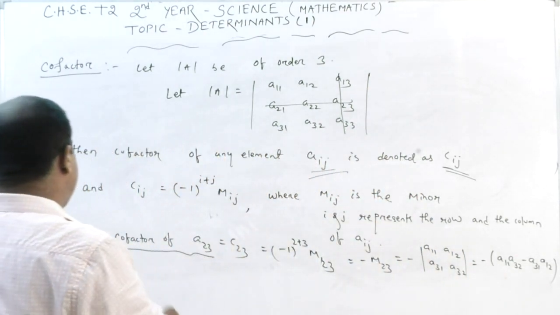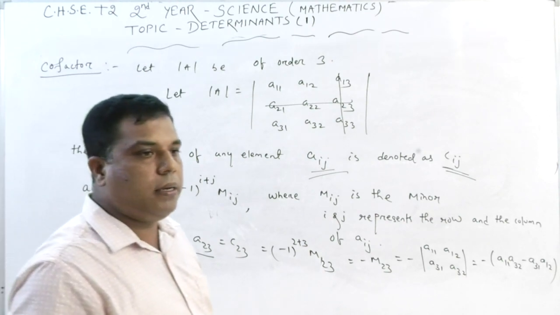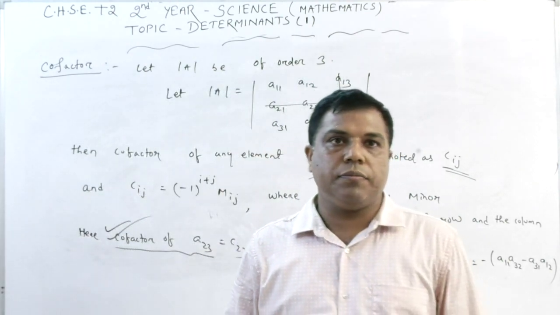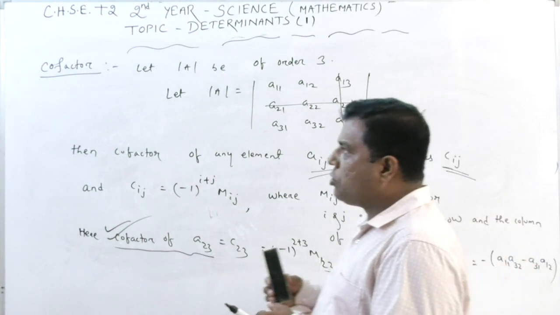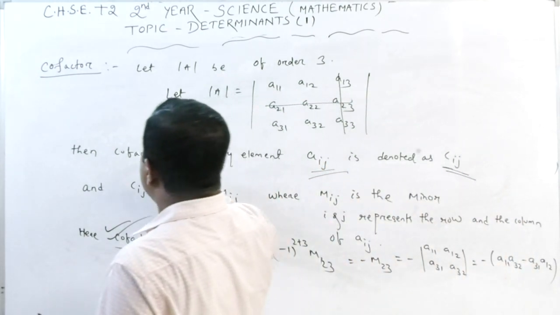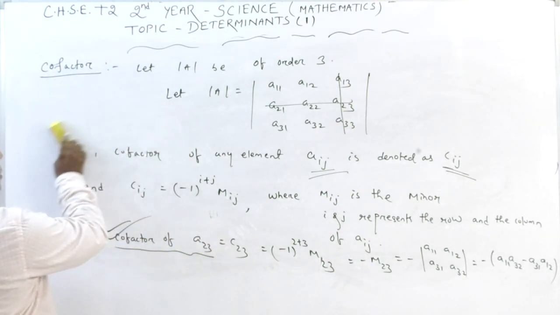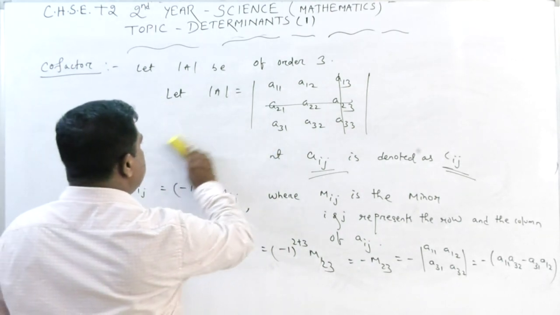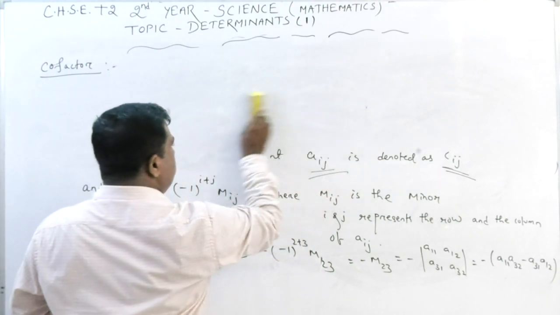In this way, we can obtain the cofactor of each and every element of a square matrix. From it I am giving a shortcut, some important things. You can make a note of it also.